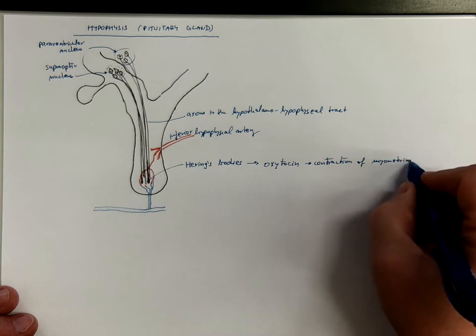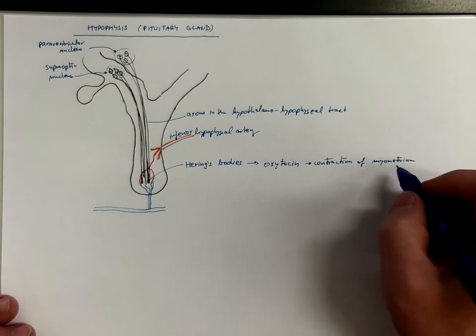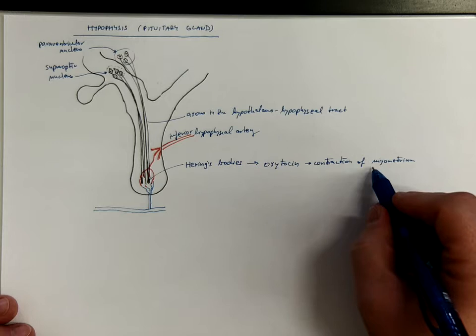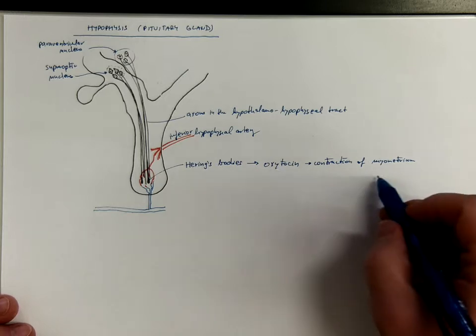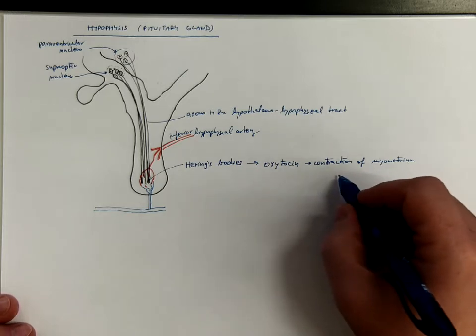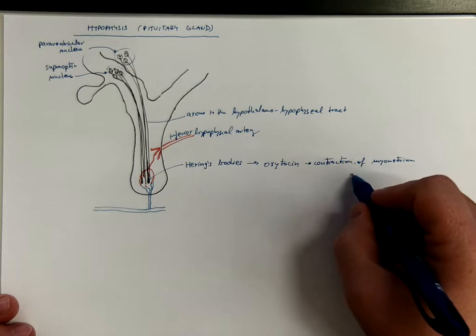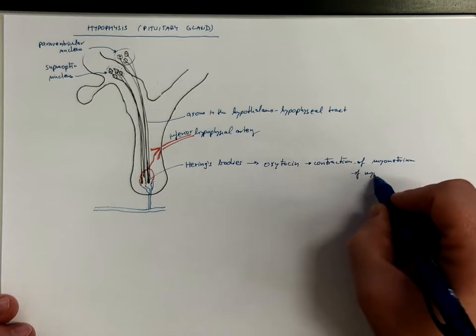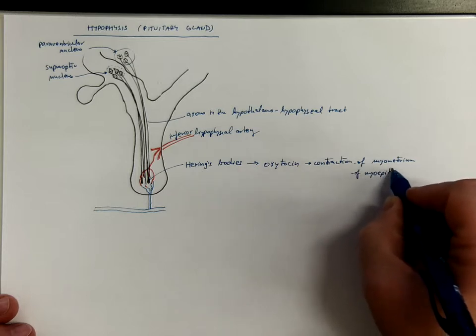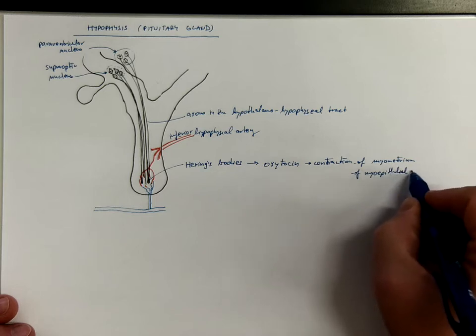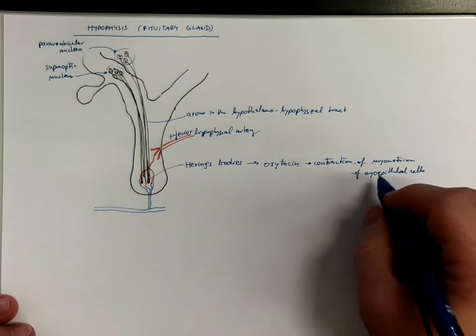That's the smooth muscle layer of the uterus, which is especially sensitive to oxytocin during labor. It also causes contraction of myoepithelial cells in the breast gland.